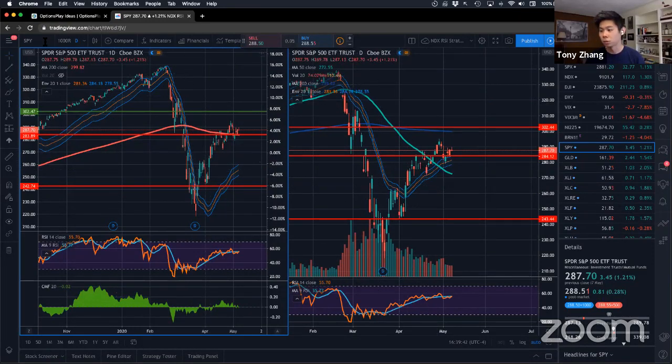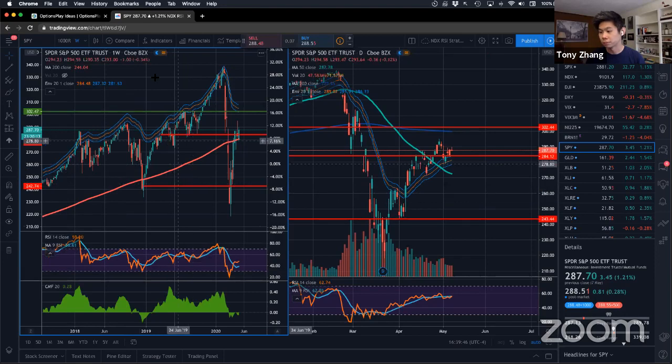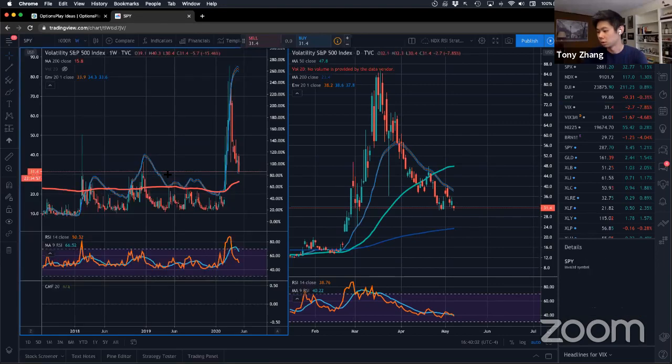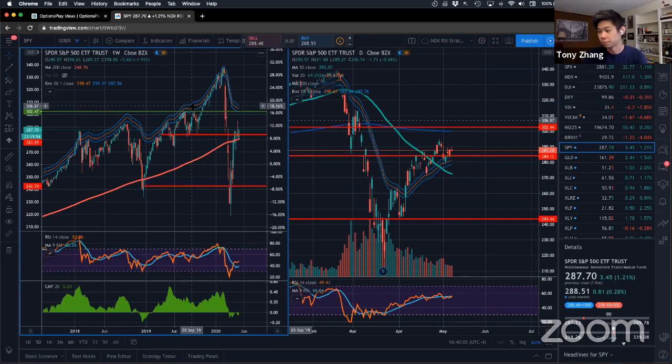So I'm going to use the weekly chart here. Something's wrong here. I don't know what's wrong. Something does not look right with this chart.